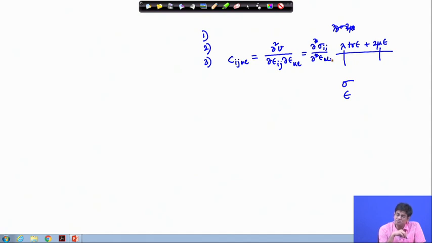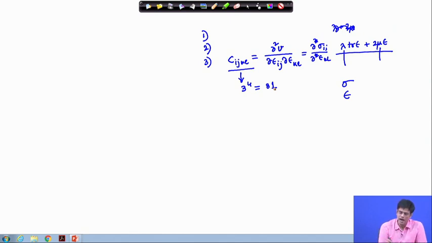Now, with this we have introduced this fourth order tensor, and in general it will have 3 to the power 4 components, which is 81 independent material constants. These 81 material constants are essentially not all independent.